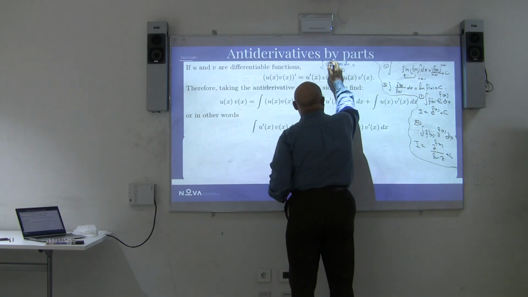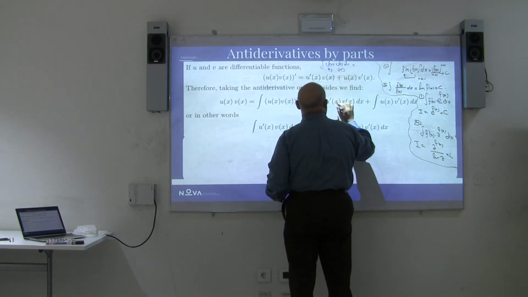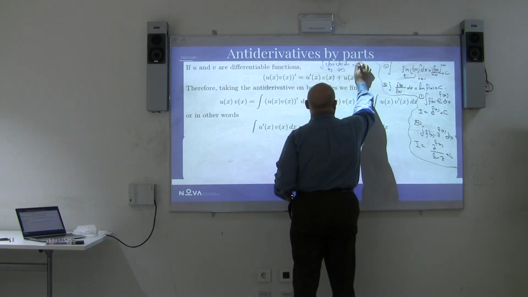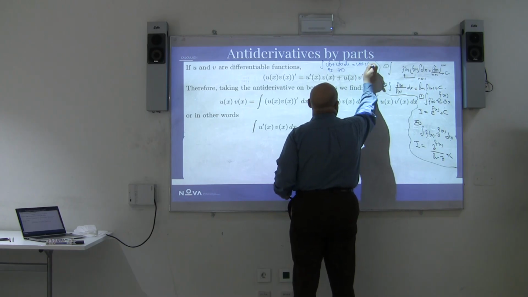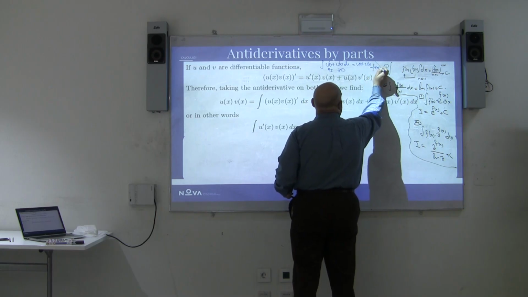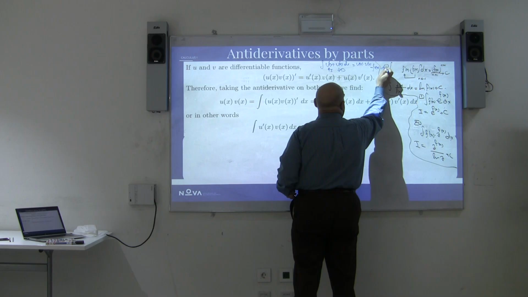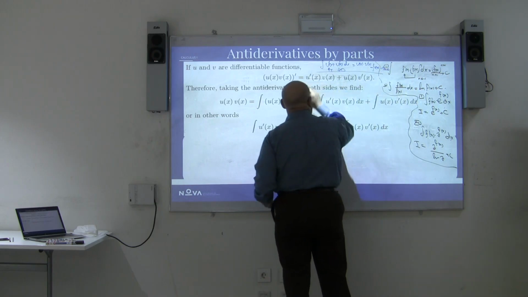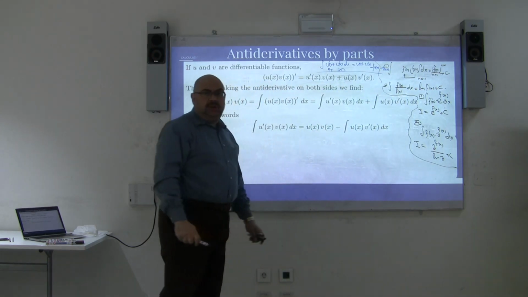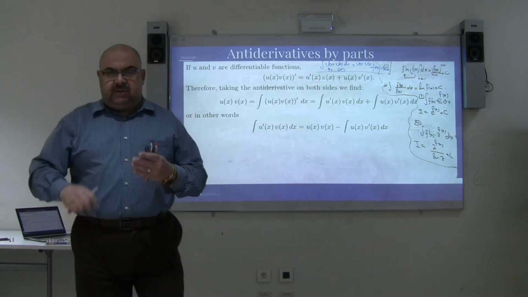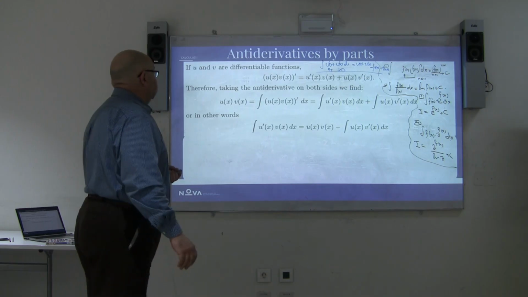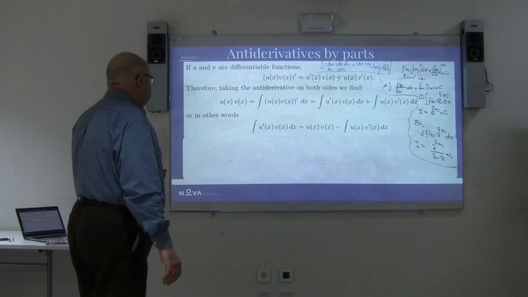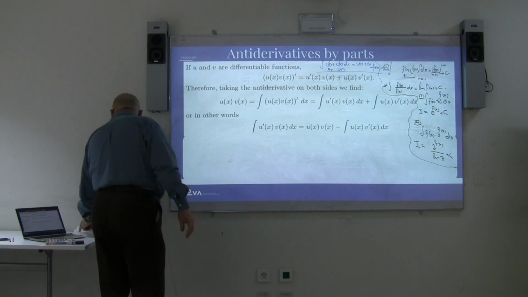So simply, if these functions are under the integral sign, then I will have u of x, which is the integrated part, times v dash of x, minus the integration of u dash of x times v of x with respect to x, and we had the application on either exponential functions or trigonometric functions.